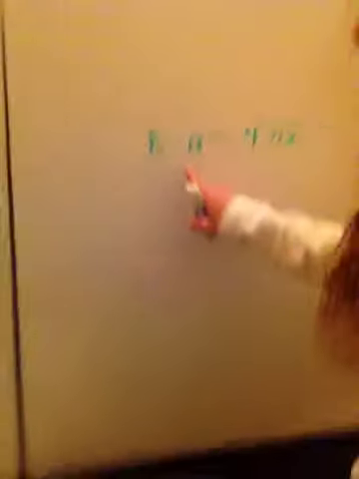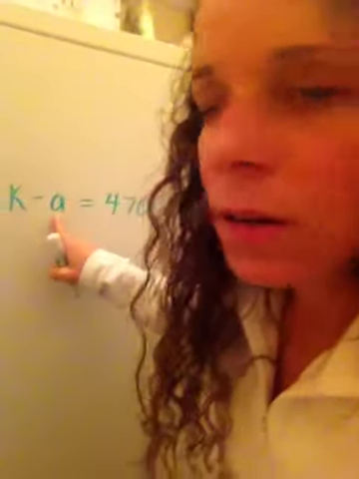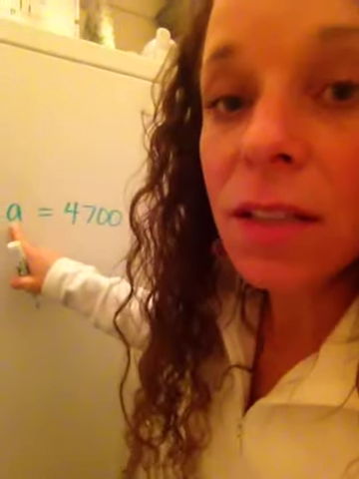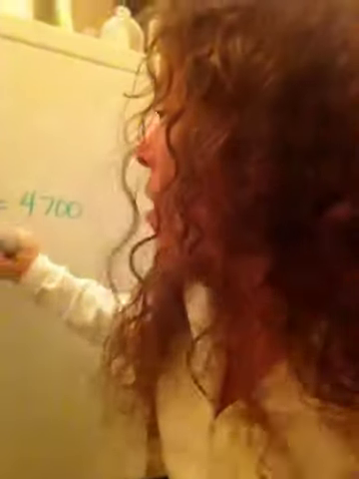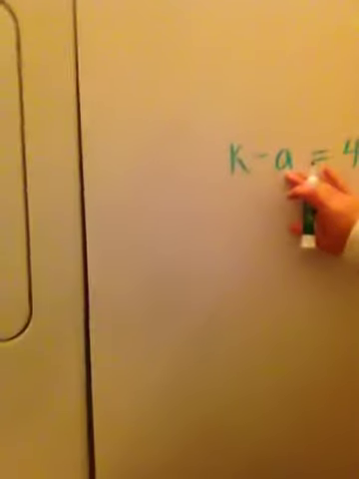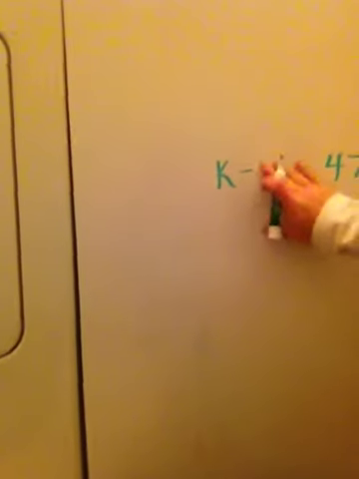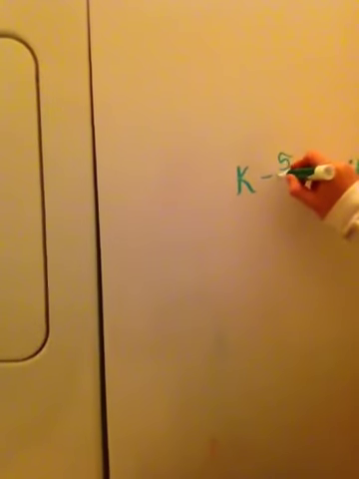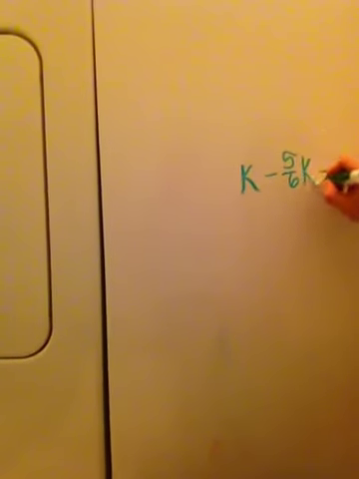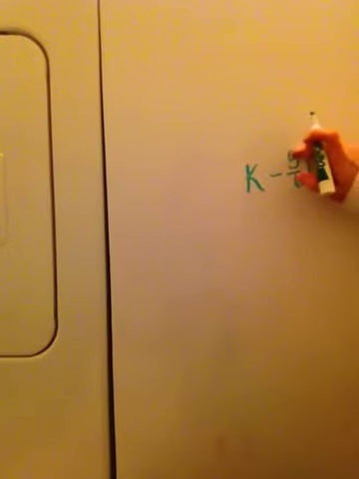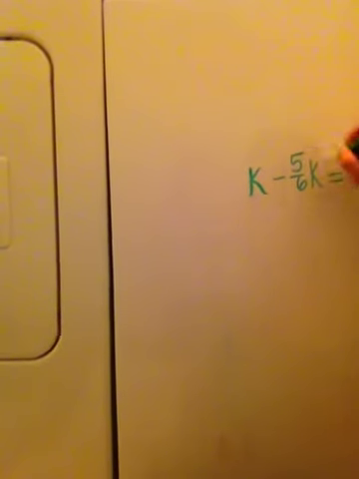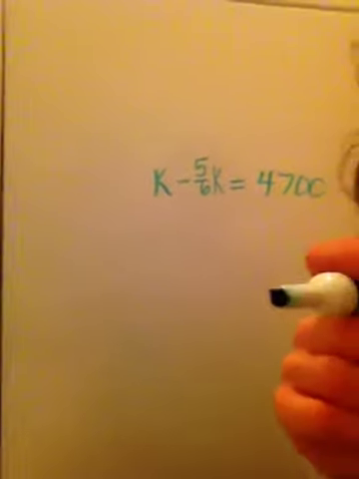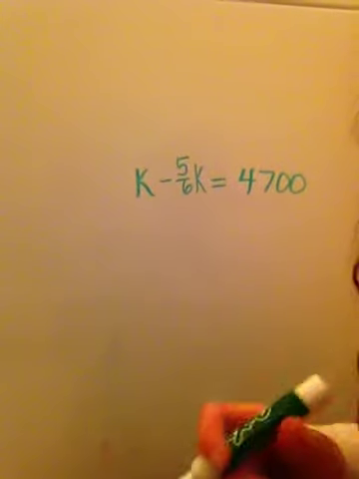Well, we just said that Rosa's salary is 5/6 of Rick's. So 5/6 of K. So instead of A, I'm going to write 5/6 K. Because 5/6 times K will give us 5/6 of that amount.